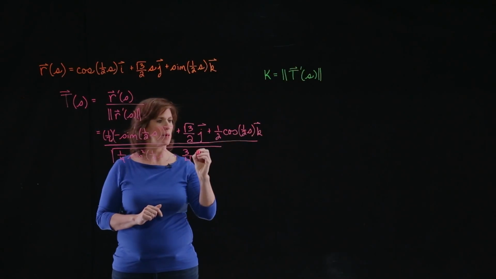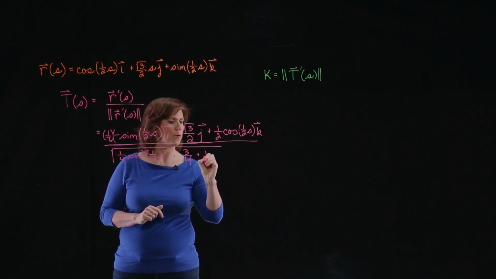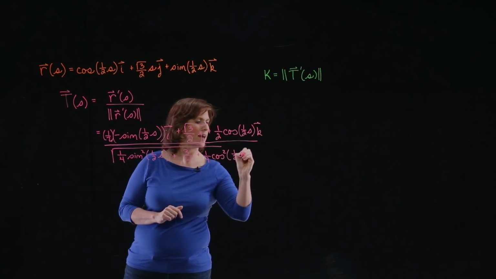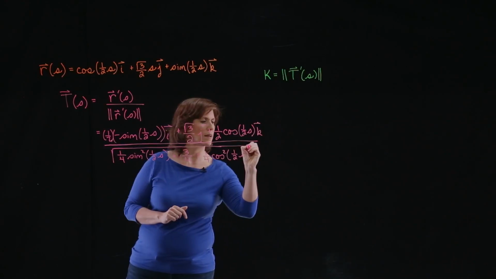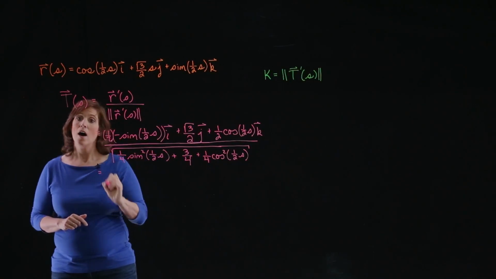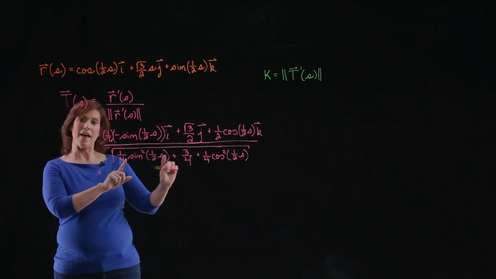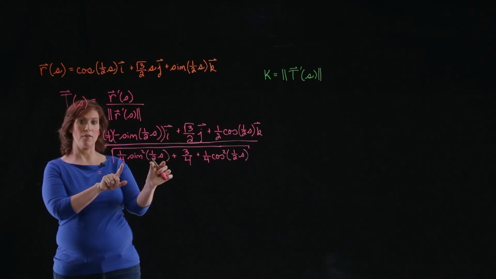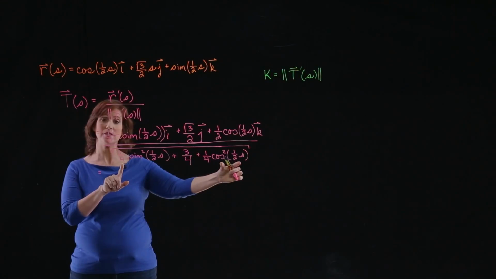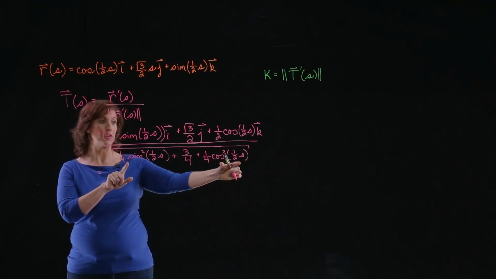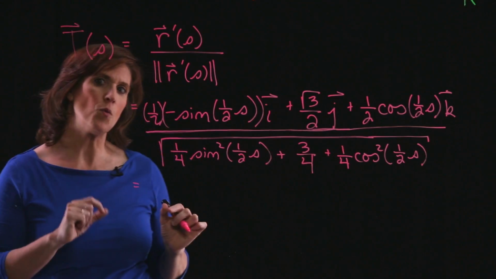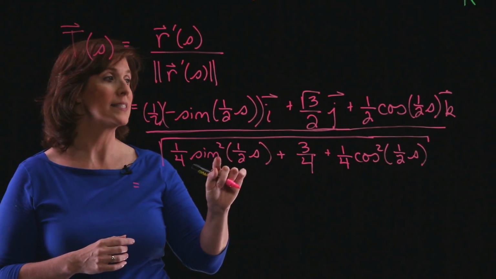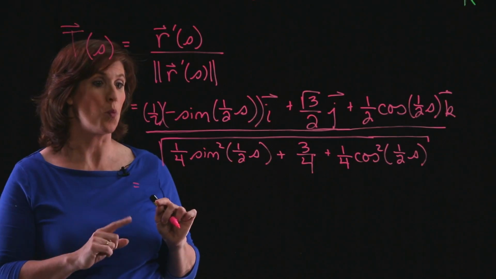And when I square this component, I'll get 1/4 cosine squared of 1/2 s. Now, if you take a look at the denominator, notice that I'm going to have a 1/4 sine squared of 1/2 s and 1/4 cosine squared of 1/2 s, that first and third term. I can factor a 1/4 out, and when I do that, I'm left with 1/4 times the quantity sine squared plus cosine squared, which is just 1.